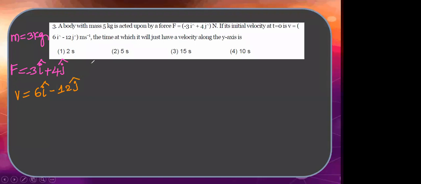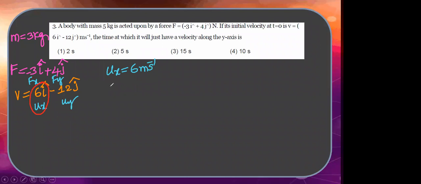From this we will write ux and uy, the velocity components, and Fx and Fy, the force components. First we need the velocity on the x-axis: ux is equal to 6 meters per second.